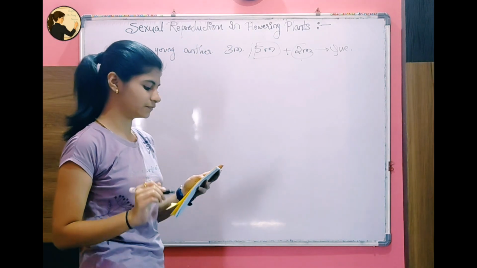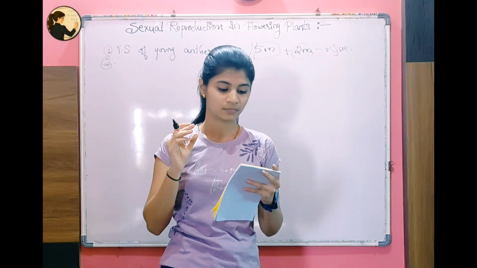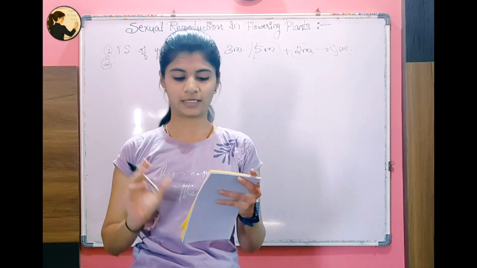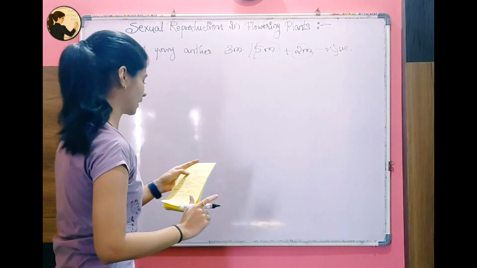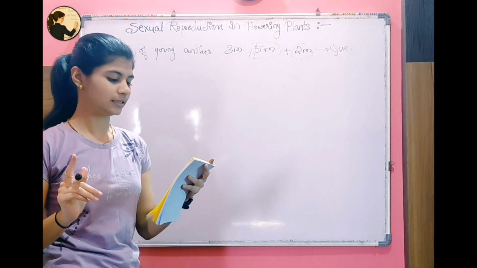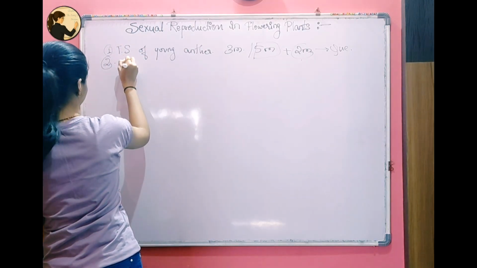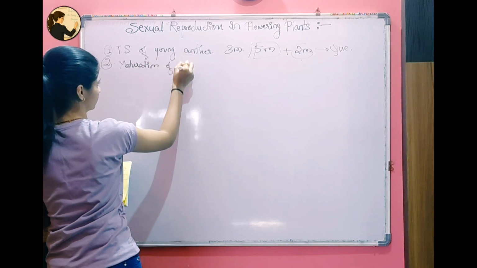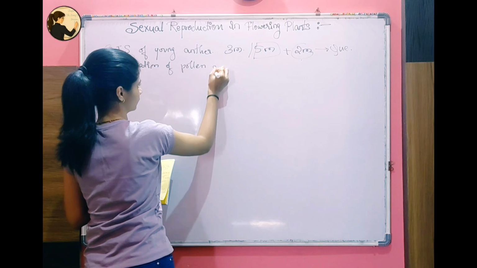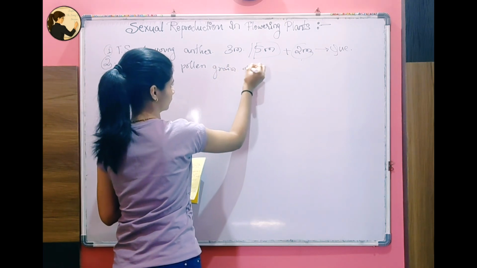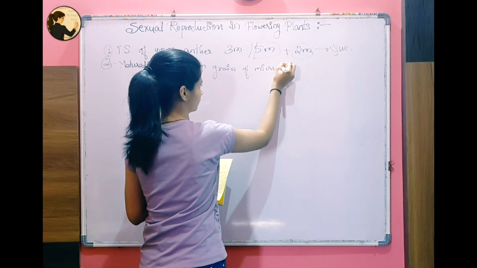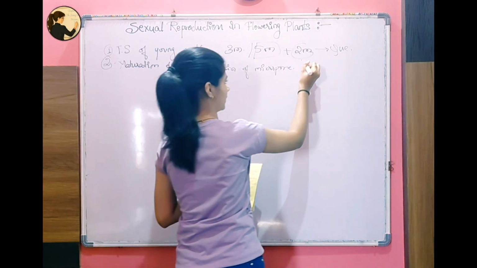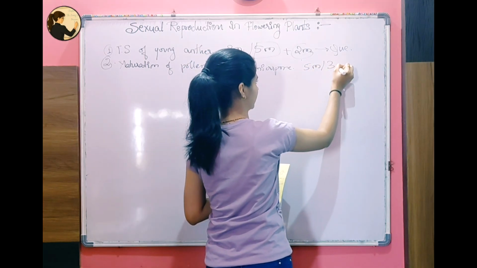Now the second diagram is of the stages of microspore maturing into pollen grain. See, the maturation of the microspore into pollen grain. This question with points is 5 marks, without points it is definitely a 3 marks question.